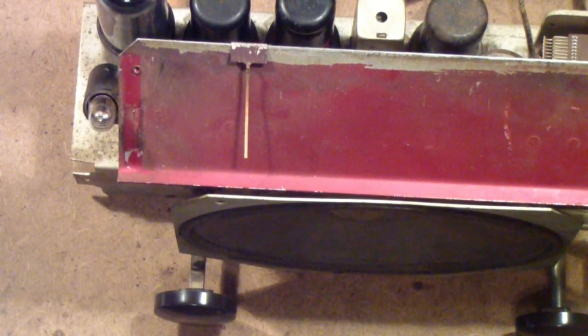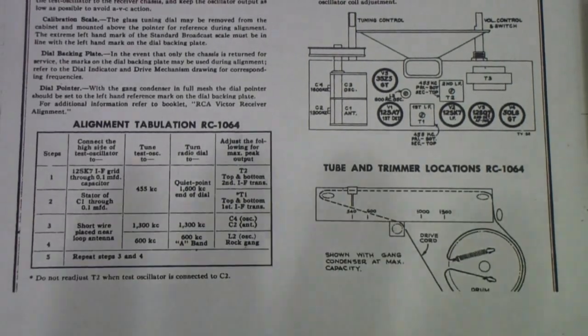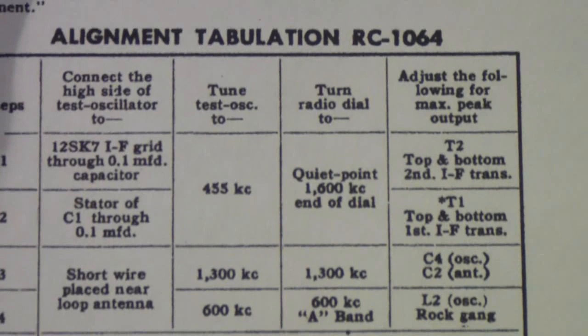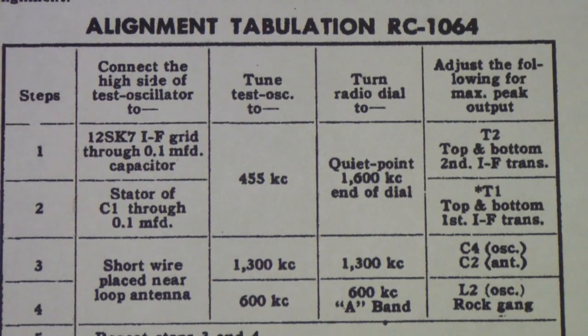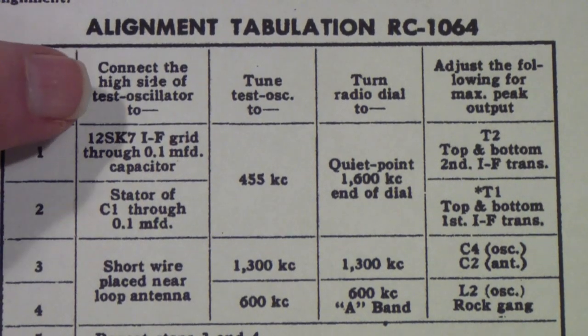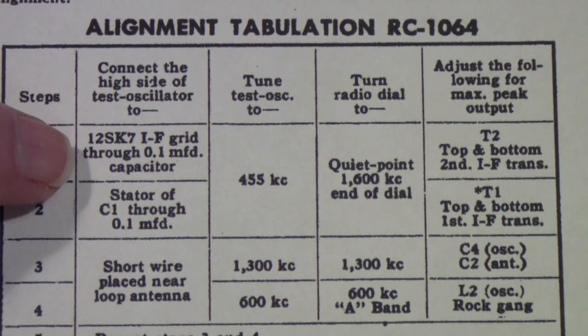So now let's look at what they recommend you do for alignment. Step 1 is connect the high side of the oscillator to the 12SK7 IF grid.